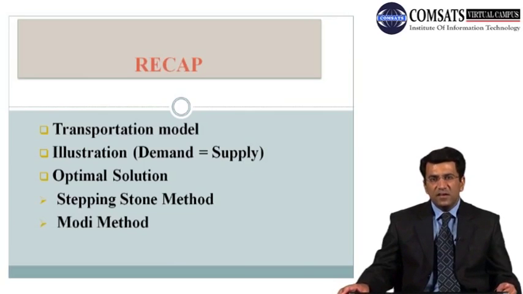If there is a single negative value or more than one negative value, then we'll have to repeat that process and find the improvement indices again. If there is some negative value, we'll have to find the loop for that particular value, and we can use the method of theta for that loop, and find in a particular loop what the minimum value of theta is, where we are subtracting the theta.